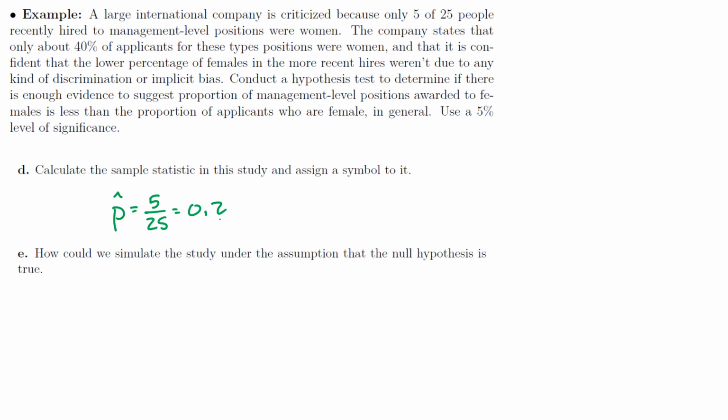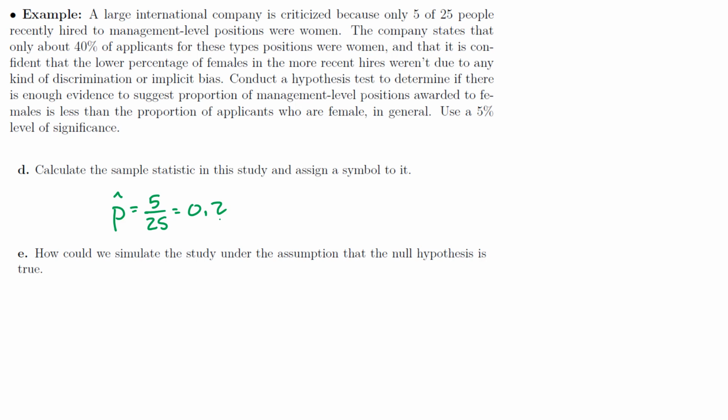Now in part E it says, how could we simulate the study under the assumption that the null hypothesis is true? So the tricky thing here is in the last video, we talked about flipping a coin. And the reason flipping a coin made sense is because our null value was 0.5, so it's a 50-50 chance. Here, that's not the case.